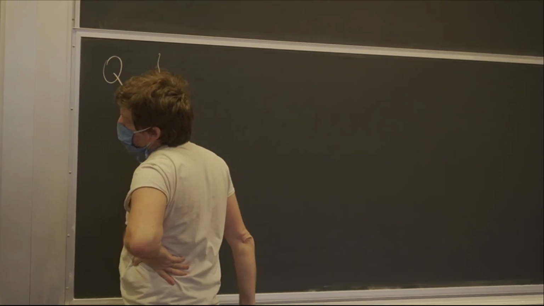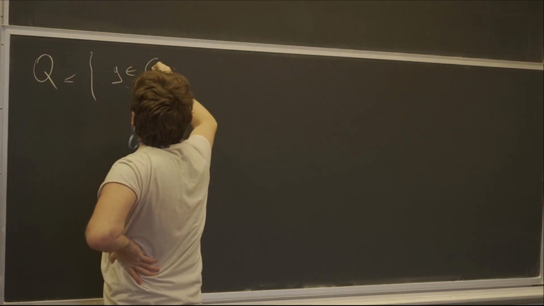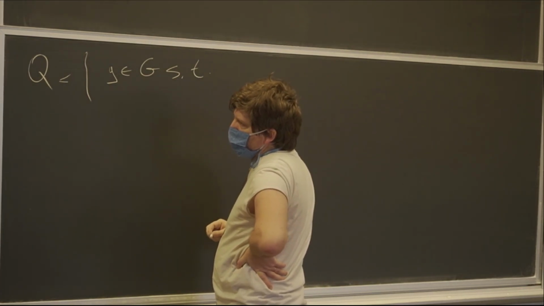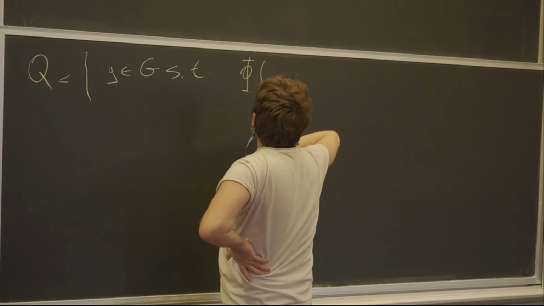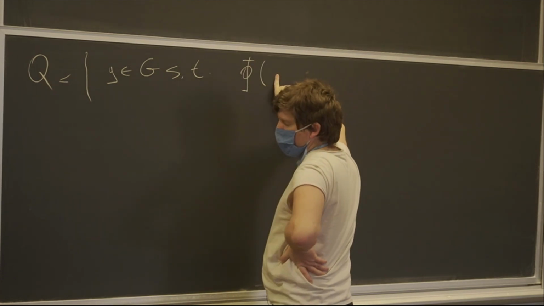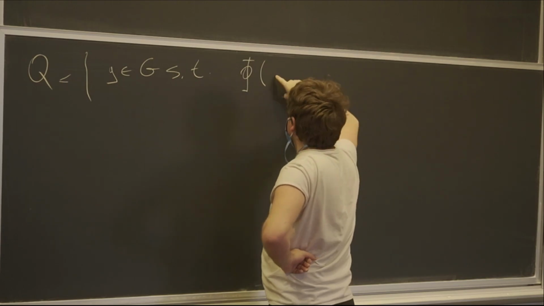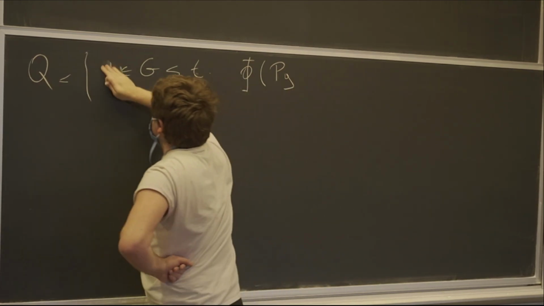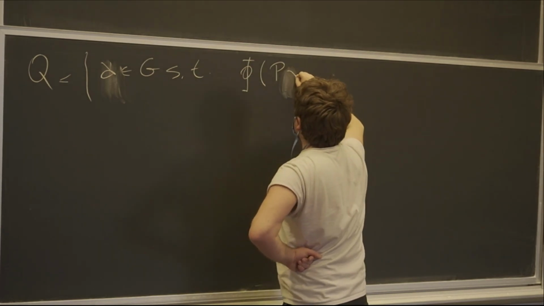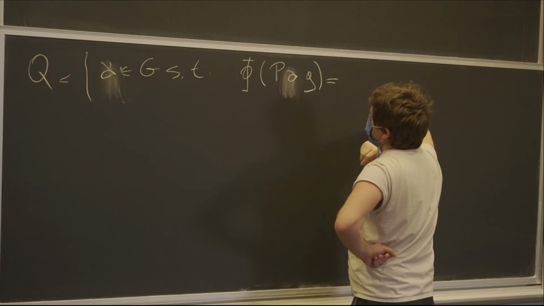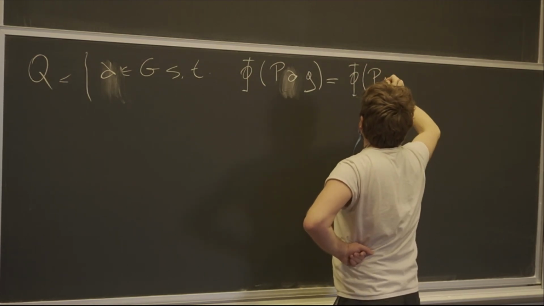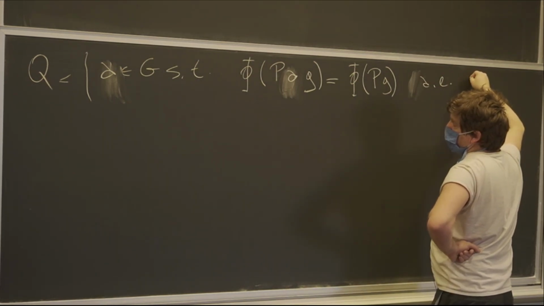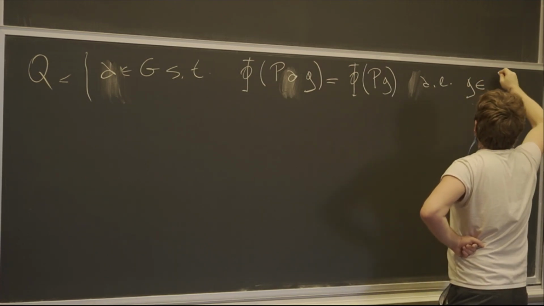Q is all the g's in G such that, let me see if I'm writing it correctly, yes, phi of P, g, okay, let's call it A, A g is equal to phi for almost every g in G of P.